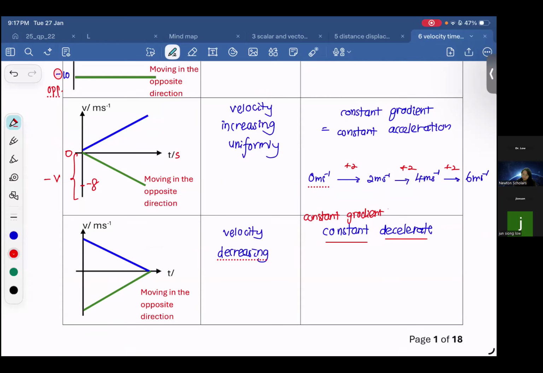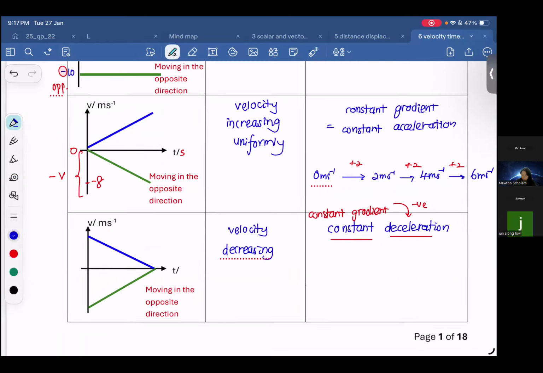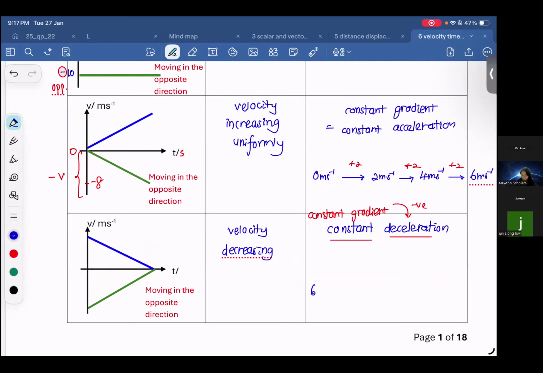Here is constant deceleration. What does deceleration mean? For example, here we start from 6 meters per second, become 4 meters per second, become 2 meters per second, become 0 meters per second. It is slowing down, am I right? The speed is changing, so every time it's negative 2, negative 2, negative 2. It's constantly decreasing the speed.